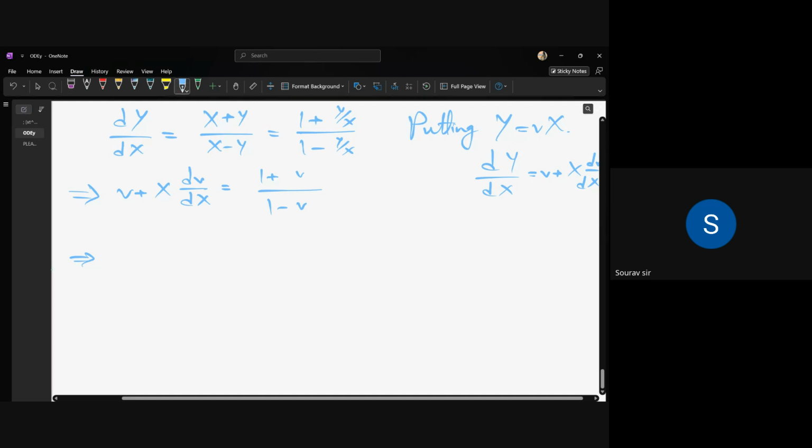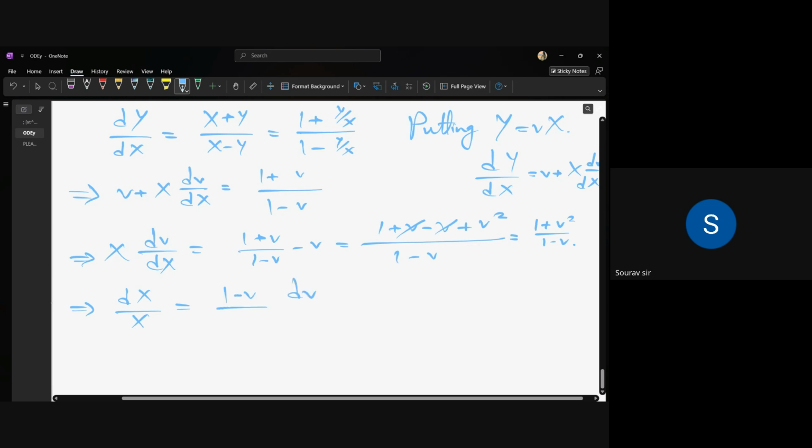Finally our equation becomes X dv/dX equals something, so from this we can write dX upon X equals (1 minus v) dv by (1 plus v square).